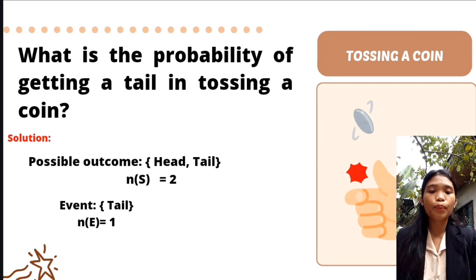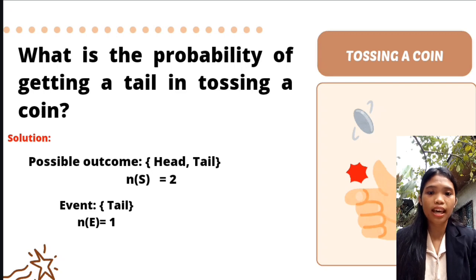What if the probability of getting a tail in tossing a coin? Same process as what we did earlier. First, we will identify the number of total possible outcomes. The number of total possible outcomes is only 2. There are 2 possible outcomes, the head and tail, since it is only one coin. Next, we will find the number of event.